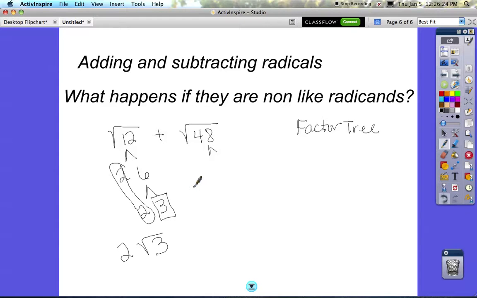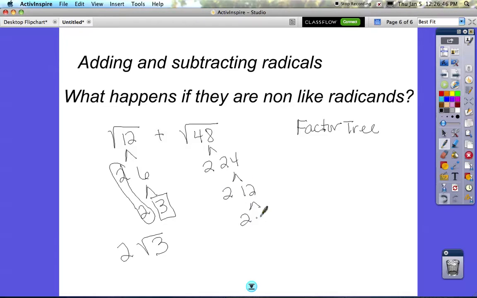So now we're going to factor tree 48, and you could get crazy with 48. I mean, it could be long, and the branches could be all out there, and you don't know what's at the end of the branch, and you don't know what's factored. So stick with 2. So we're going to do 2 and 24. Then I know I can always, I never have to do this one. I can always do this one. Stick with 2 and do 2 and 12.